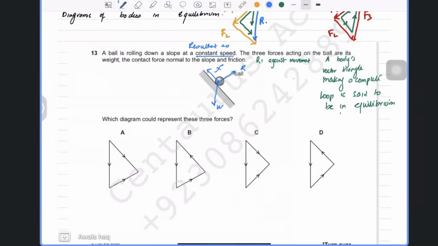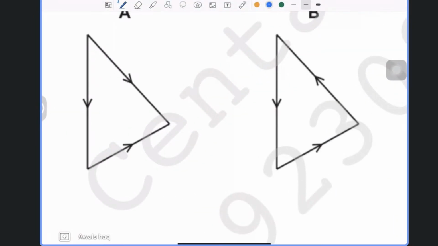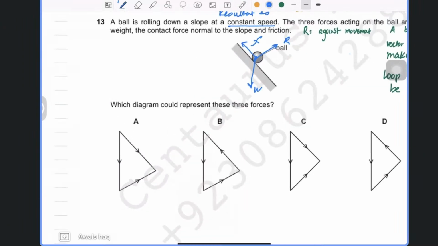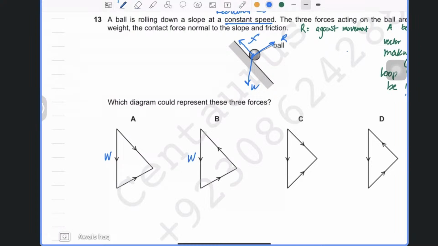If I look at the first one and start from the first force, which is weight, obviously weight has to be down, and all of them have weight. But in this one, when I go through this R, you notice the other forces are against my movement, so this can't be my answer.